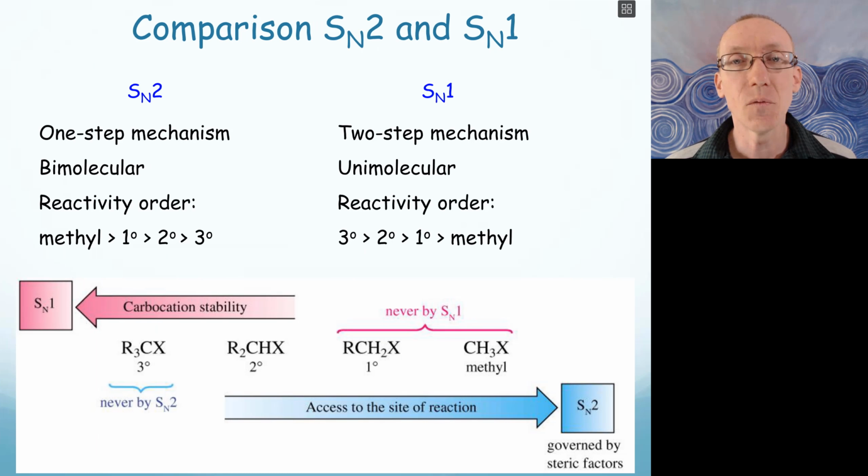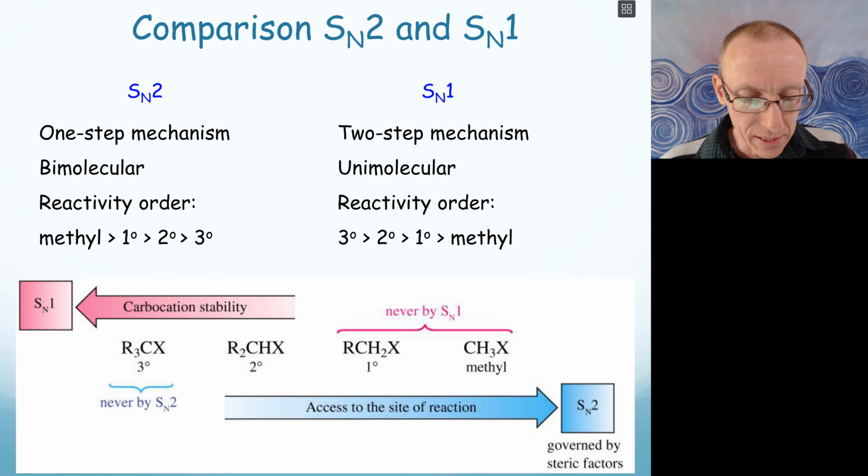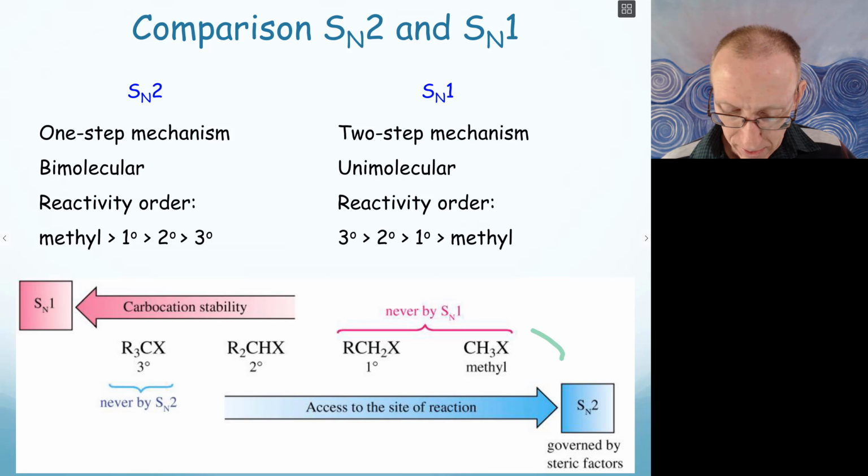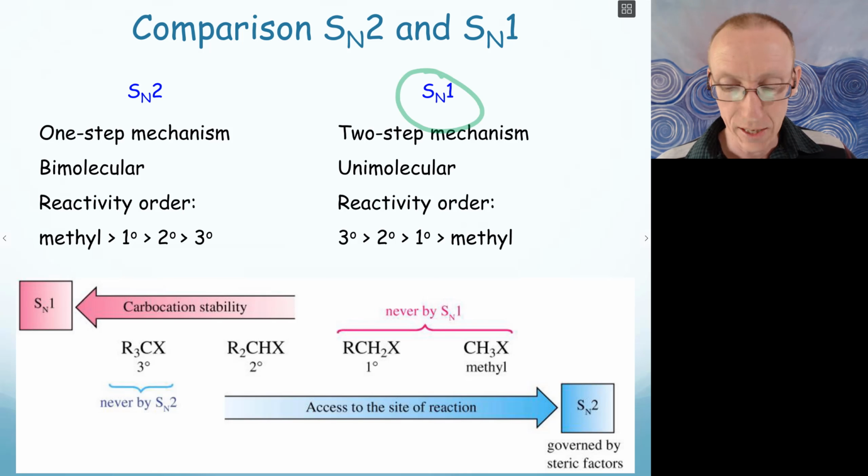So if we compare the SN2 versus the SN1 reaction, SN2 is a 1-step mechanism. It's bimolecular. The reactivity order is methyl is faster than primary, is faster than secondary, is faster than tertiary. And so over here with these substrates, we get SN2 reactions. SN1 reactions, we have a 2-step mechanism.